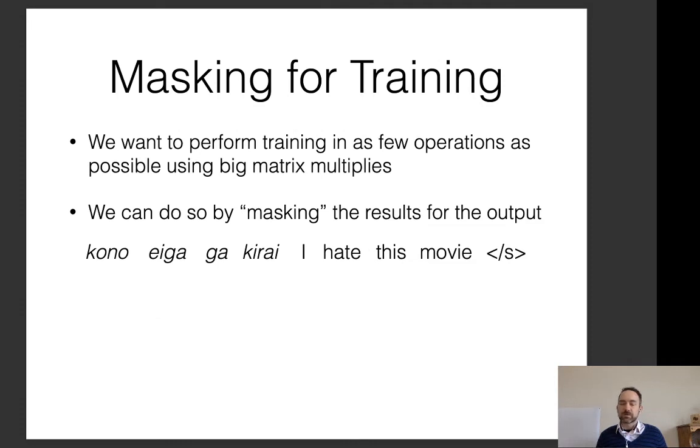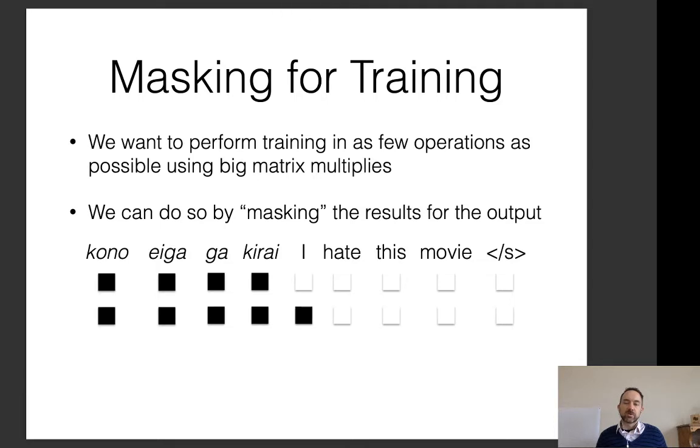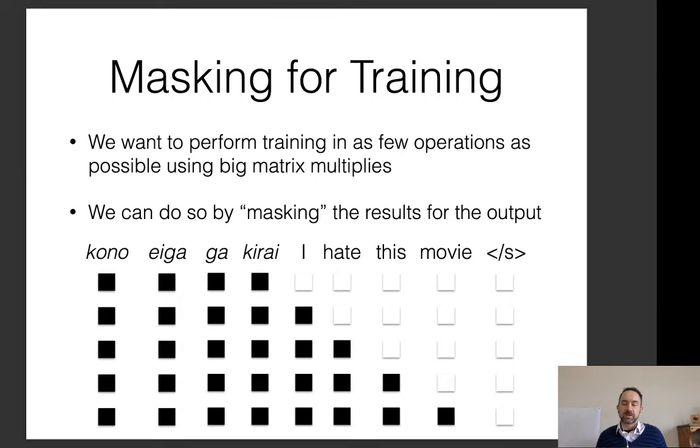Specifically with regards to the final one, what is this masking operation? Basically, we'd like to perform training in as few operations as possible using big matrix multiplies. And we can do so by masking the results for the output. So when we're predicting the first word in the output, I, we would mask out I and everything following that. When we predict the second word in the output, hate, we would mask out hate and everything following that, et cetera.